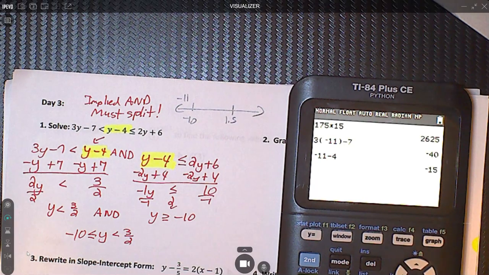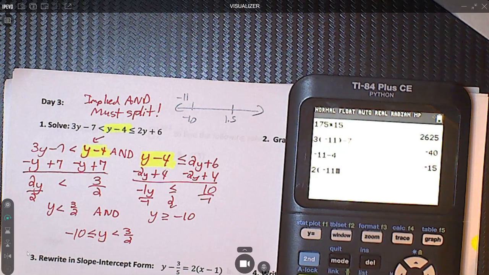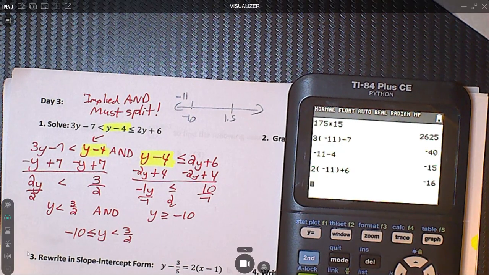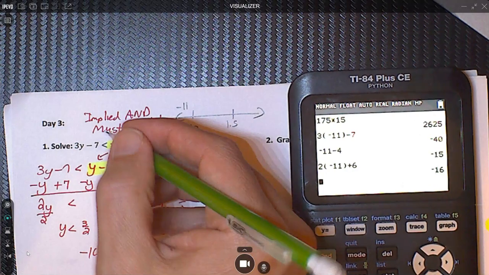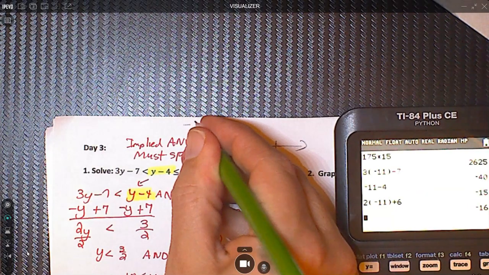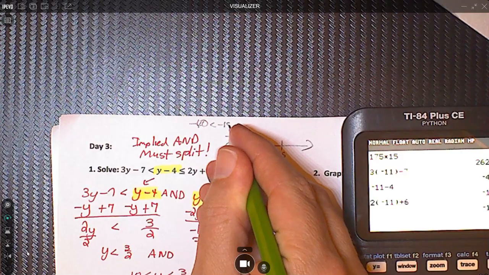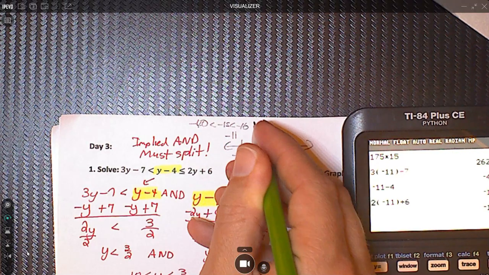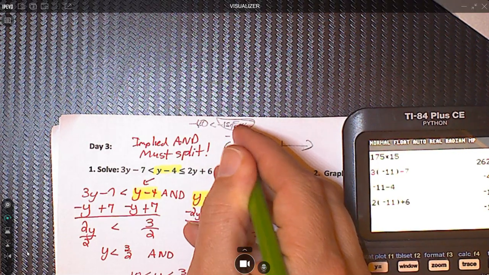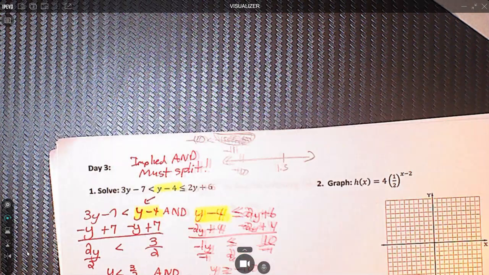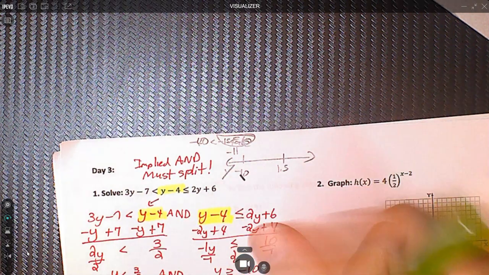And then it's got to fit the last one. So that would give us what? Negative 40 is less than negative 15, which is less than negative 16. That's false. So negative 11 isn't going to work.